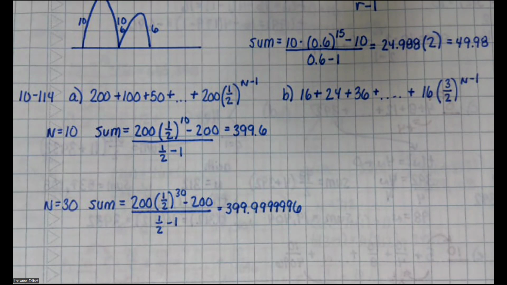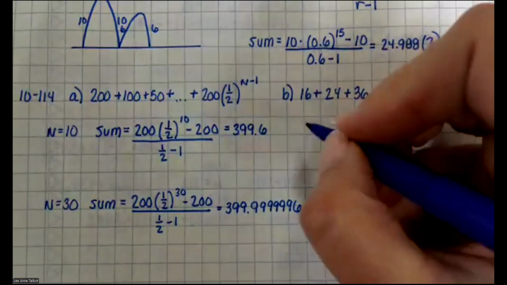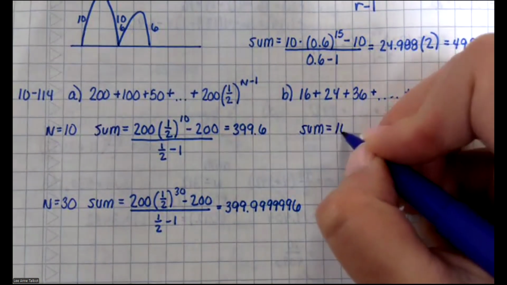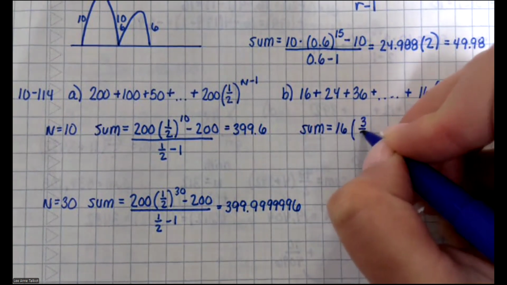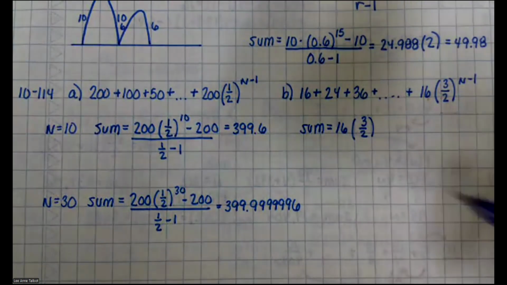Okay, now we're going to do this other guy. Same thing. We're going to do 10 and 30. So sum equals first term times r. And I'm going to use 1.5 in the calculator for this because I'm lazy.